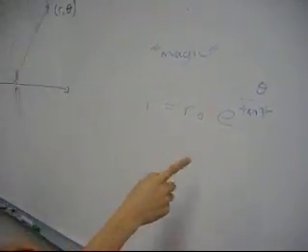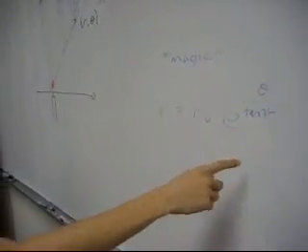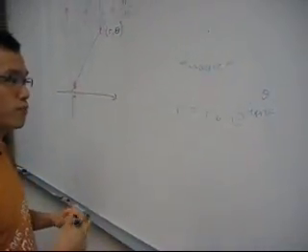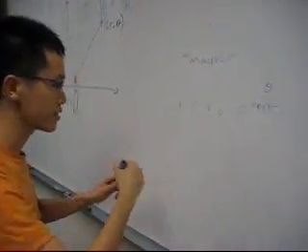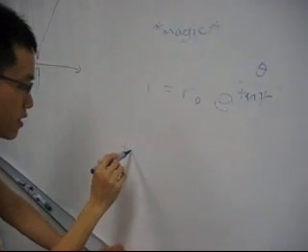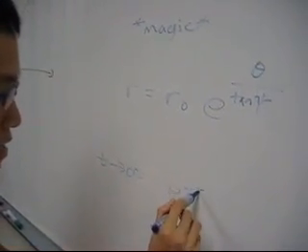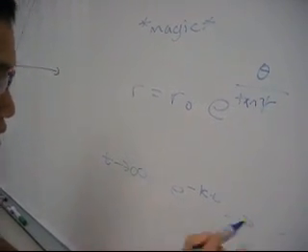Now, to understand this exponent part, we have to look carefully at the sign of this, because as t goes to infinity, e to the minus kt goes to 0, but e to the positive kt goes to infinity.